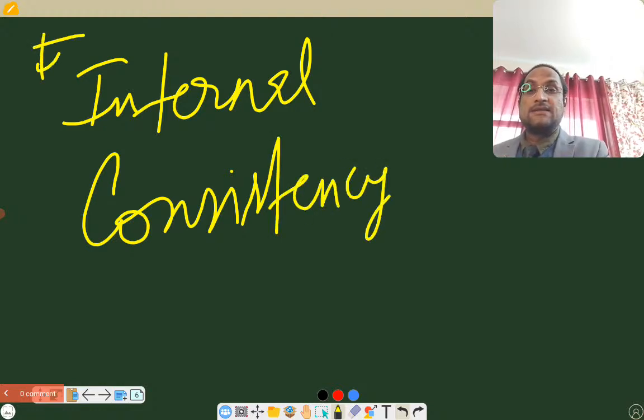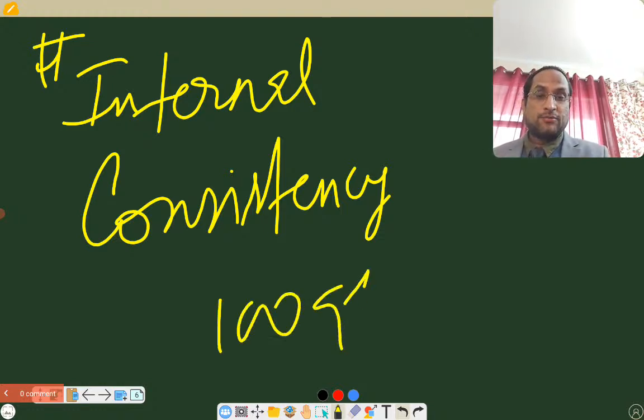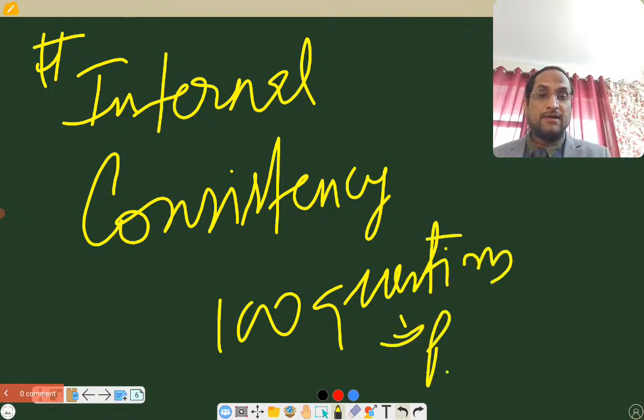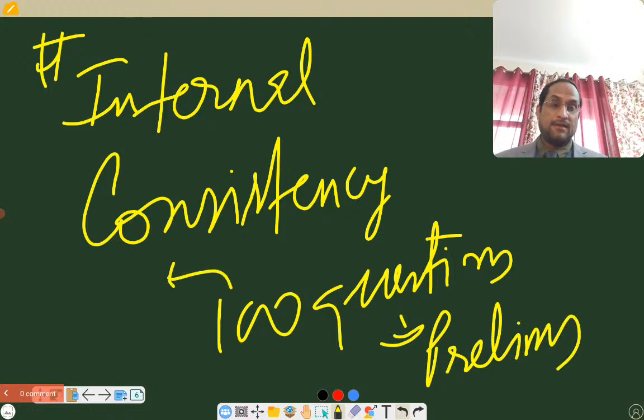What is internal consistency and how is it checked? When we say we have a test of 100 questions, suppose in your general studies paper, prelims, you have 100 questions. So, each question should be able to relate with your score. How will that happen? There are various methods through which internal consistency is checked.